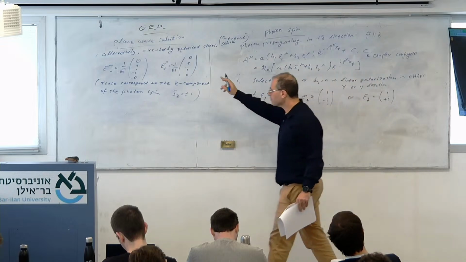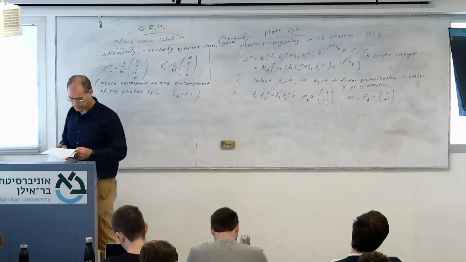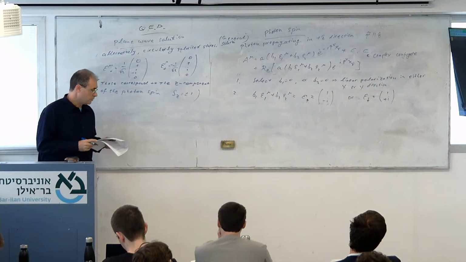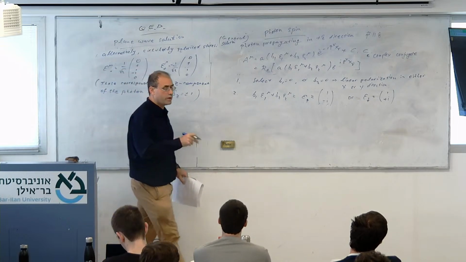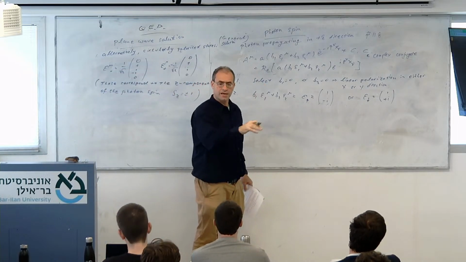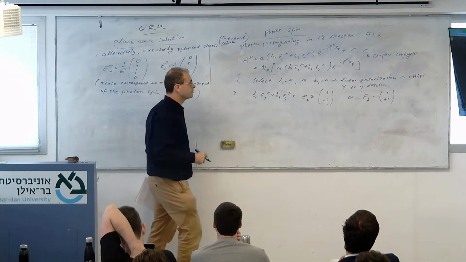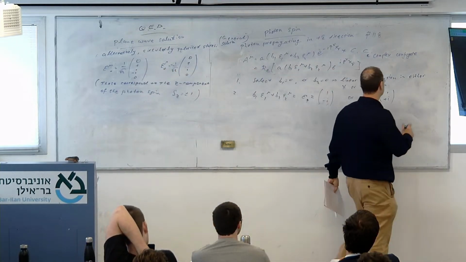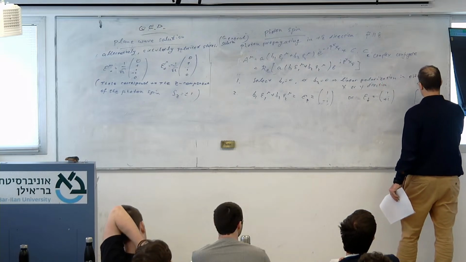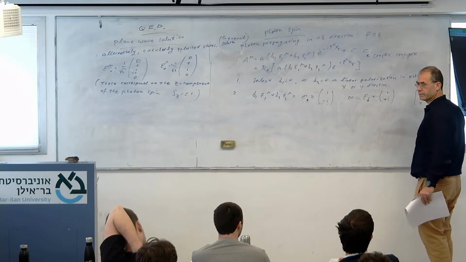But the minus here is a convention, really. Again, of course, these are only the x and y components. I just omit the time and z components because they are zero anyway.